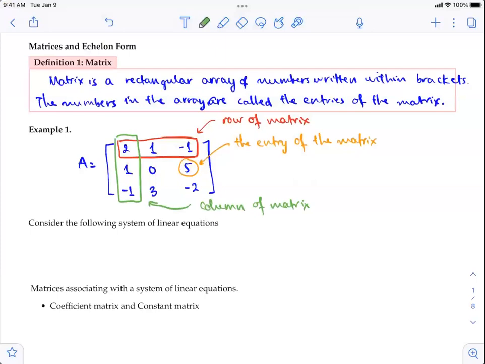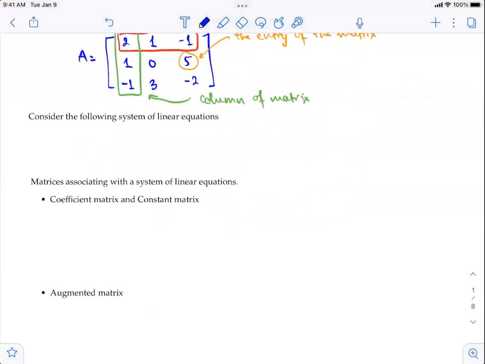Now, from the system of linear equations, we're going to rewrite it and, using the information of the linear system, form something called the augmented matrix. Consider the following system of equations: 2x plus 1y minus 1z equals 3, and then 1x plus 5z equals 1.